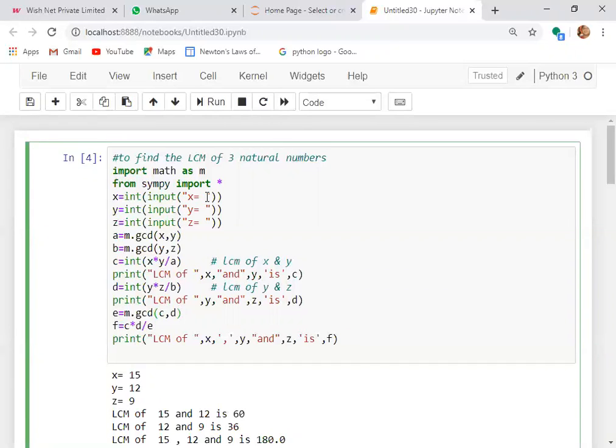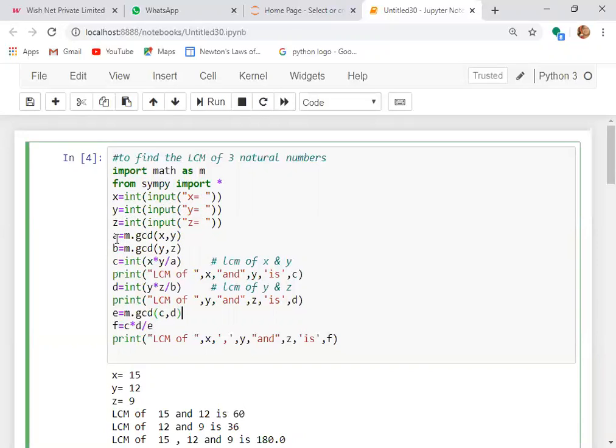Since the numbers are always integers, but the input function considers them as a string input, to convert a string input to an integer value we write int, meaning integer. Similarly, we take the three numbers from the user with the variables x, y, and z.